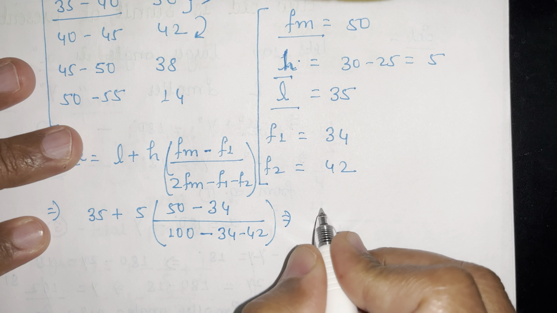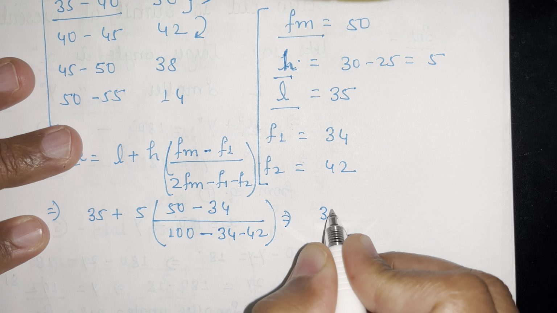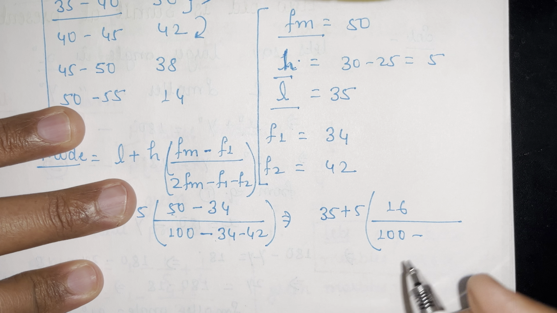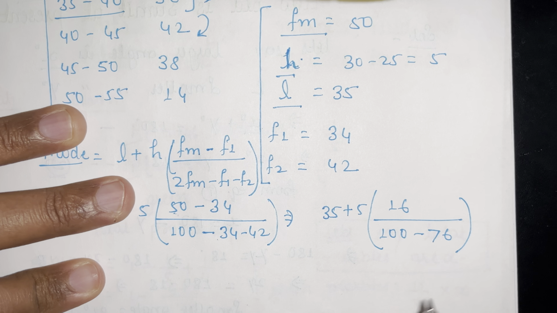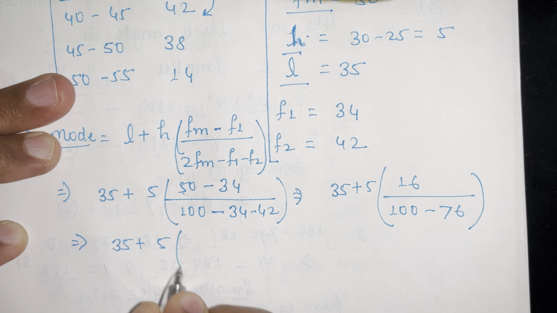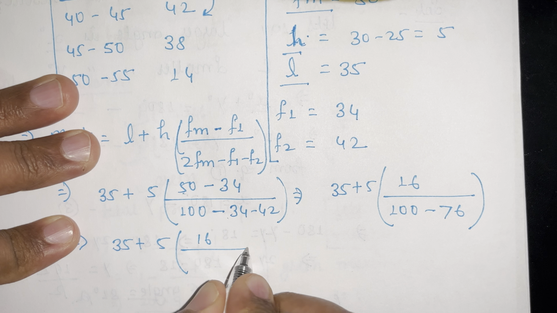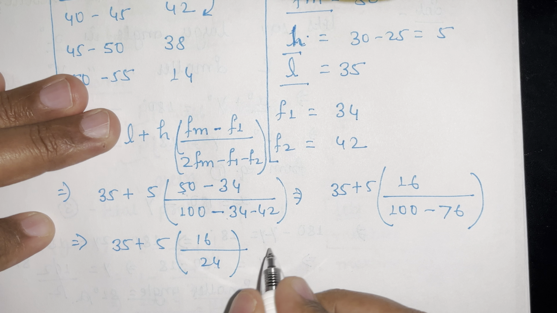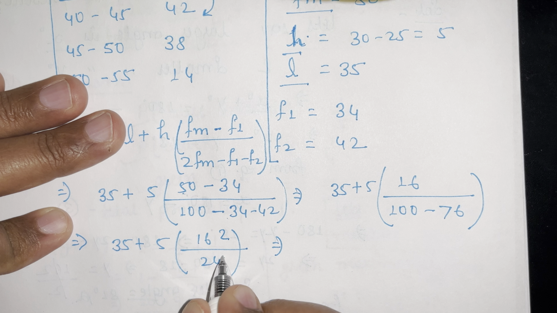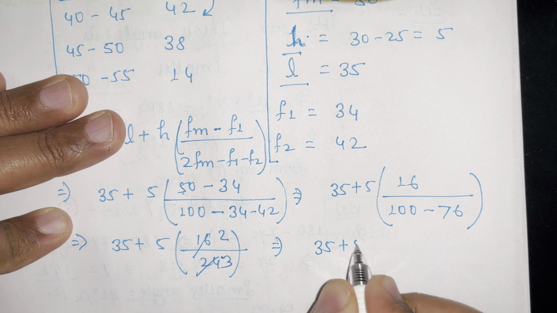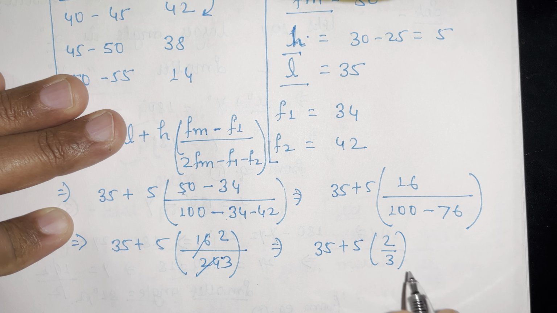If you solve it, you will get 35 plus 5 times 50 minus 34, which is 16, divided by 100 minus 34 plus 42, which is 76. So 100 minus 76, you will get 24. This 16 over 24 can be written as 2 by 3. So it will be 35 plus 5 into 2 by 3.